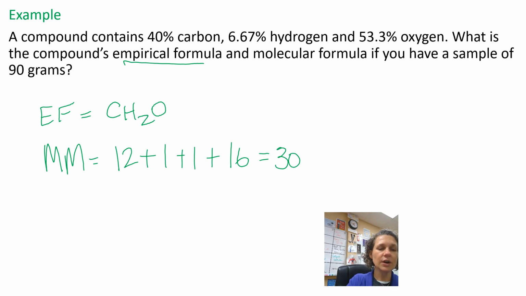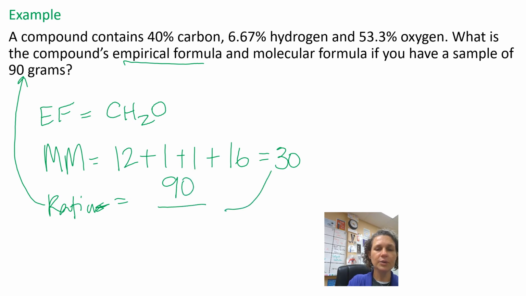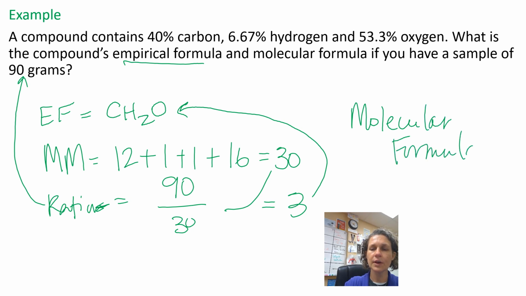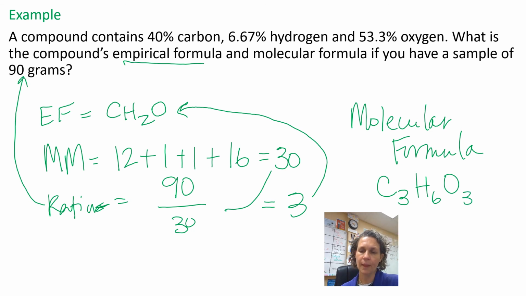So then to get our ratio, we take our given mass, 90, divided by our empirical formula mass, 30, and that equals 3. And then I'm going to multiply all of the subscripts by 3 to find my molecular formula of C3H6O3.